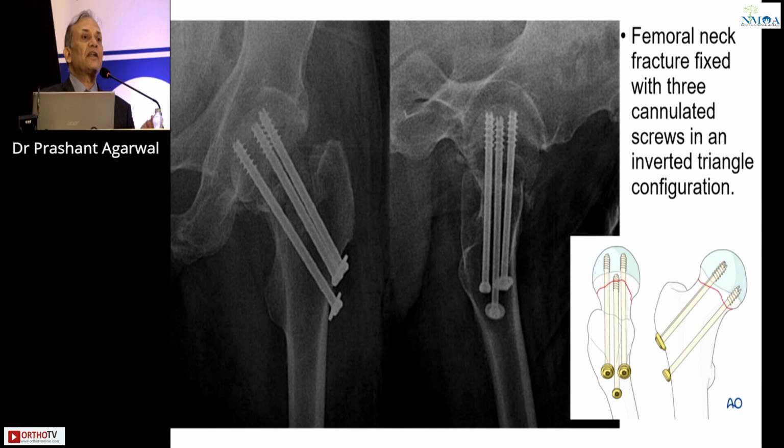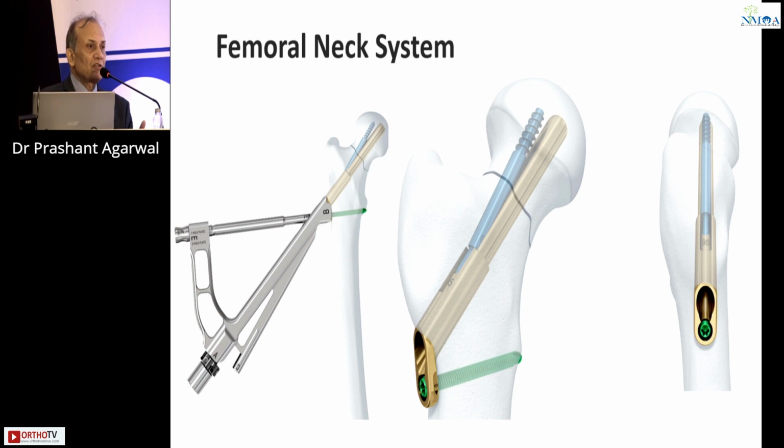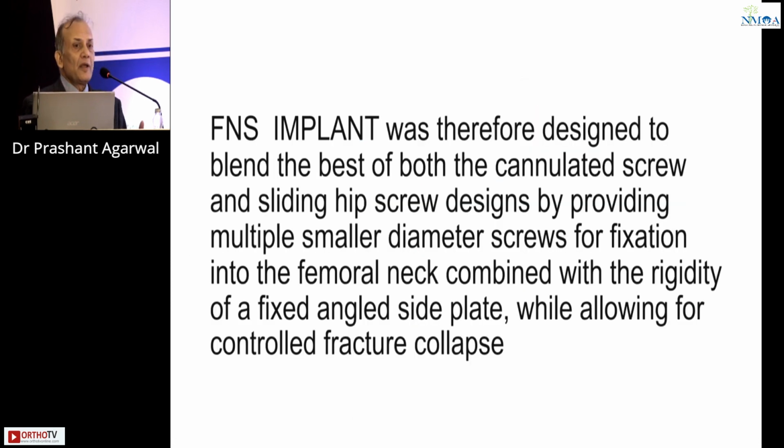Like in type 3 and type 4 fractures, the chances of avascular necrosis, non-union or malunion are definitely going to be more as compared to type 1 and type 2 fractures. This is another mode where we can use a derotation screw with DHS. This is definitely a stable fixation. And this is a newer implant, FNS, which is biomechanically better as compared to the previously discussed implants, and it gives a better outcome.